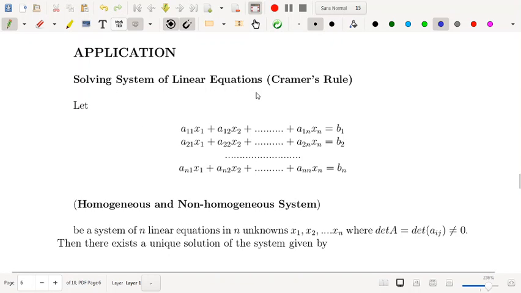Next, you have learned about determinants and matrices, right? So what is the application?